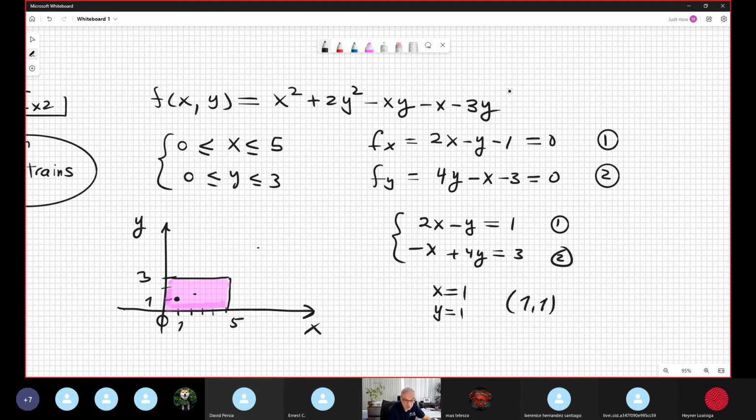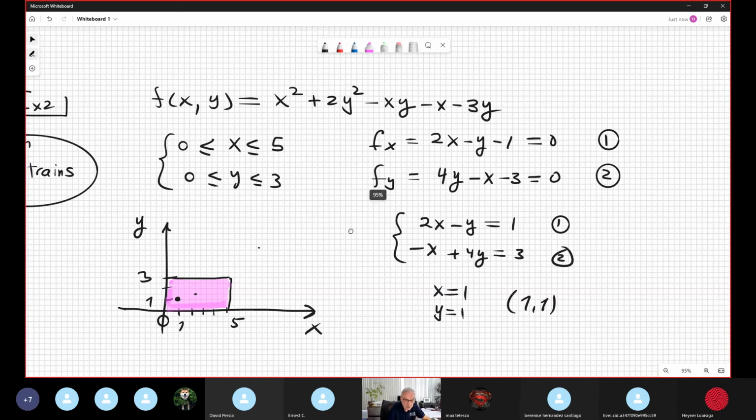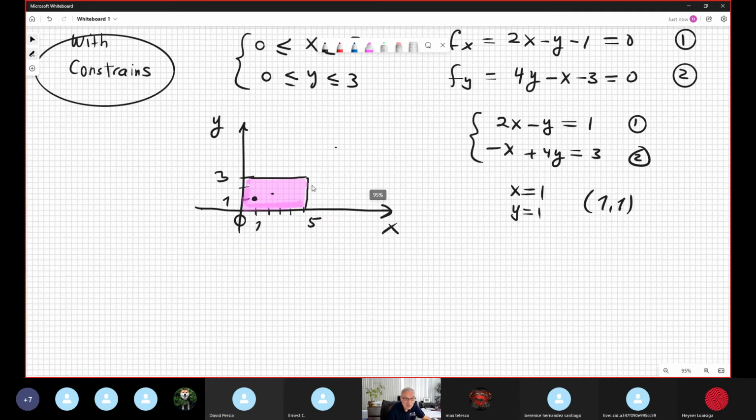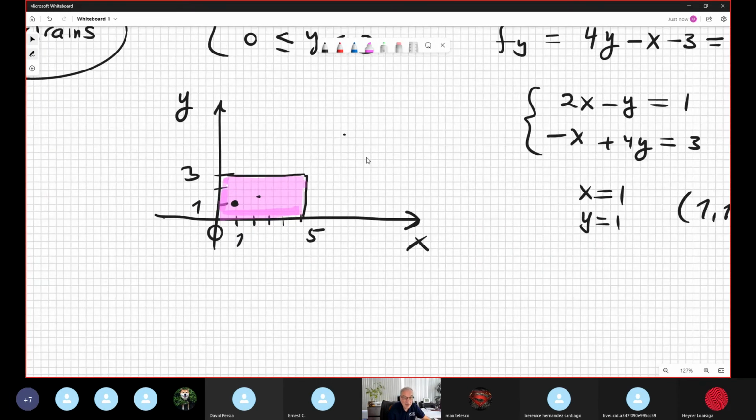Because where's the boundary, professor? One of the boundaries is that segment, and that segment, and that segment, and don't forget the endpoints. So any corner is important.